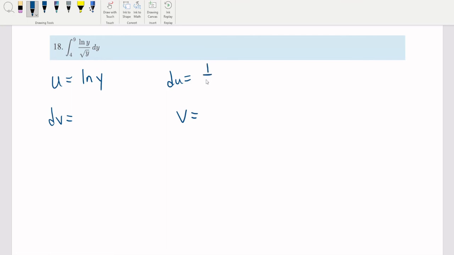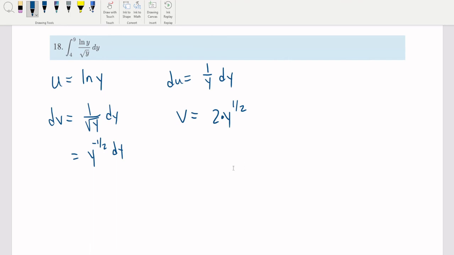So that gives me 1 over y dy. That leaves 1 over square root y as my dv. But remember, this is y to the -1/2. Okay. Do the antiderivative. Add 1, divide. So v is going to be equal to y to the 1/2, and then divide by 1/2, that's 2.